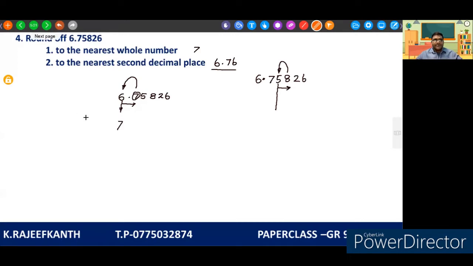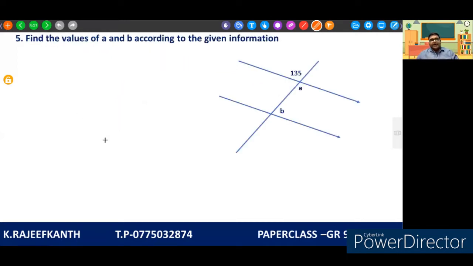Then question number 5. Find the values of A and B according to the given information. You have to find the value of A and B. Right. Here these two lines are parallel. Right. Here this is the transversal.